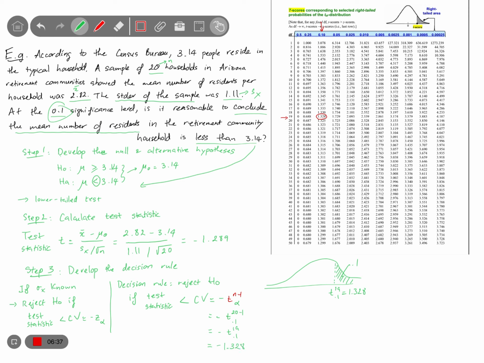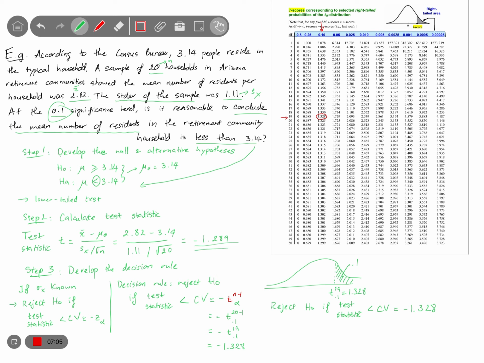Okay, so that means that we reject the null if the test statistic is less than the critical value, which is negative 1.328. Our test statistic here is negative 1.289, right?